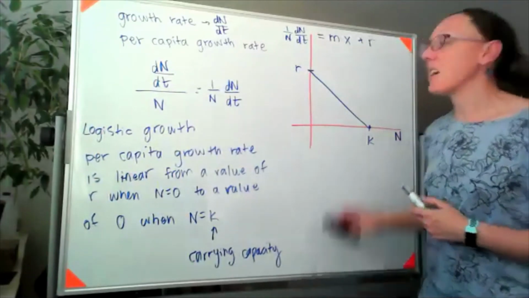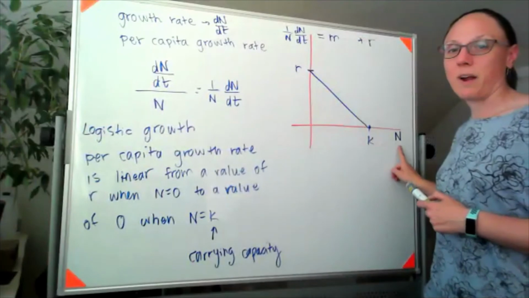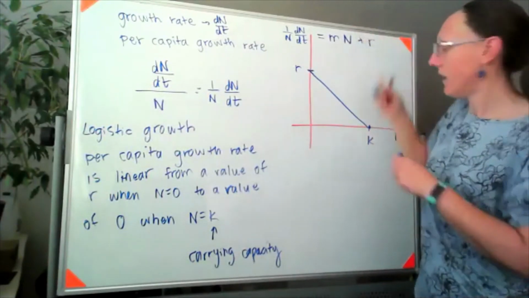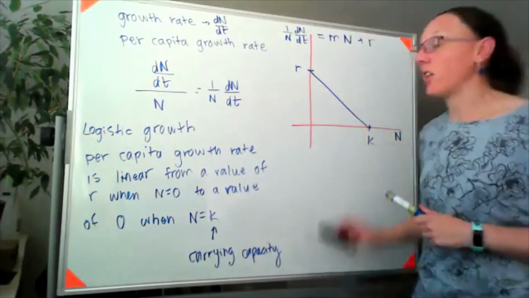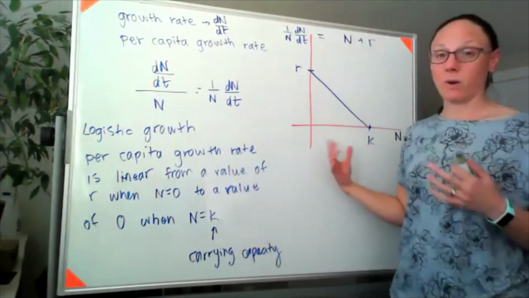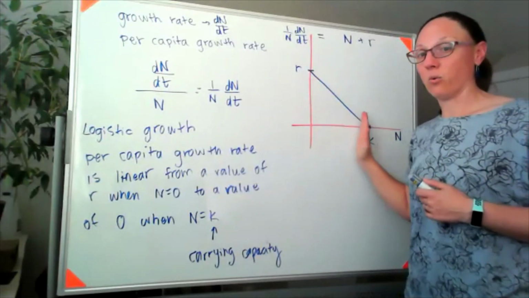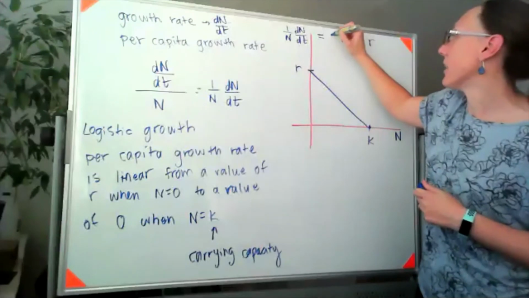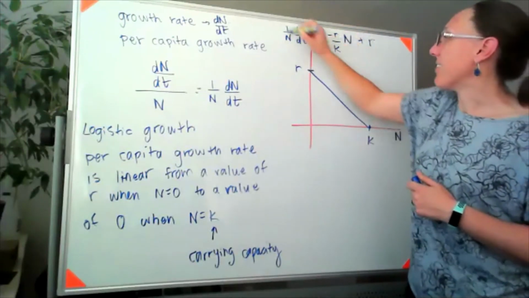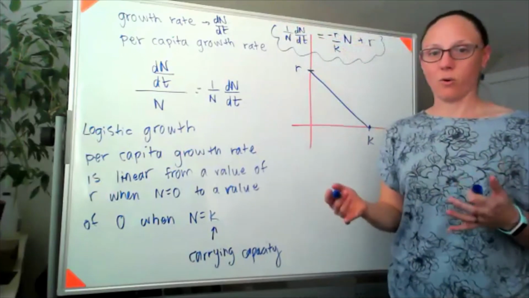We're not really talking about an x value because all of this is relative to the size of my population, or N. And in terms of that slope, just from looking at the graph, if I think about rise over run, we've gone down r and over K. So I'd have negative r over K.